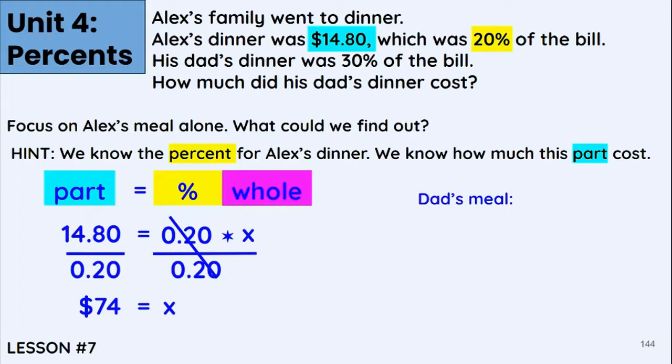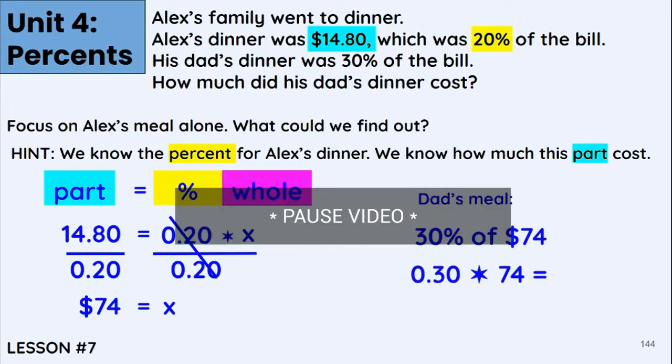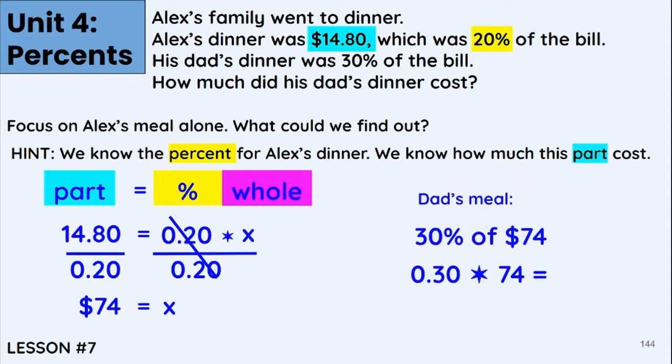His dad's dinner was 30% of the bill, and now we know that the bill was $74. So we just need to find out what 30% of $74 is. So 0.30 times 74. Go ahead and find out what that is. All right, you should have found that the dad's meal is $22.20.